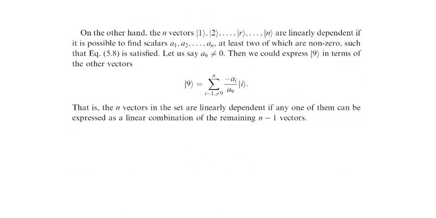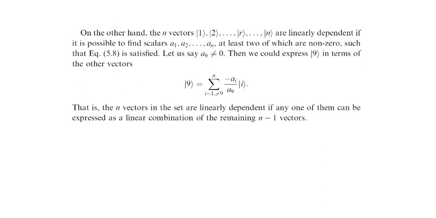On the other hand, linearly dependent would be if any one of these vectors can be expressed in terms of the rest n minus 1 vectors. Then you say that the n vectors in the set are linearly dependent.